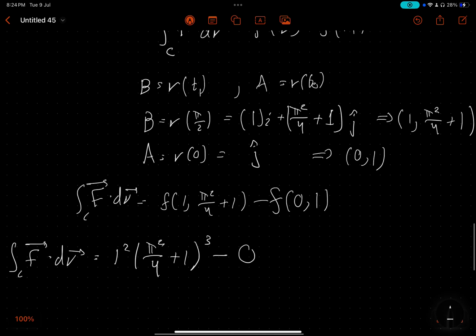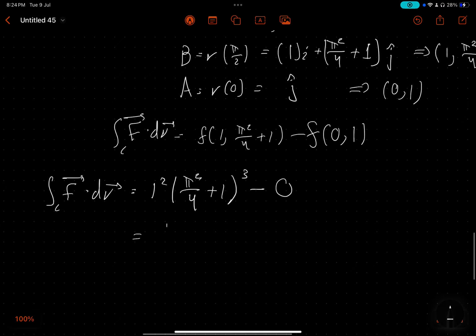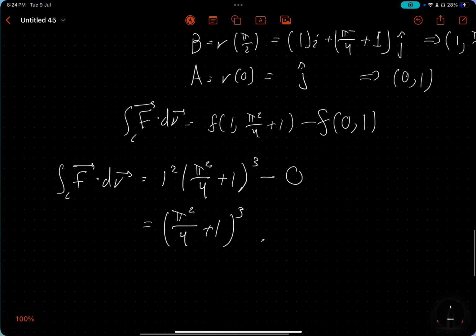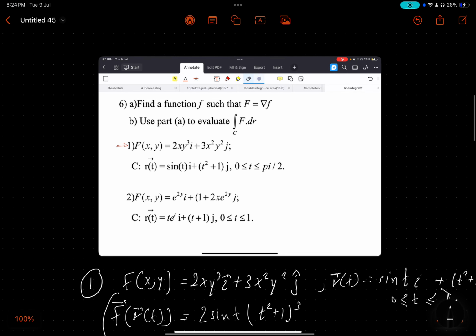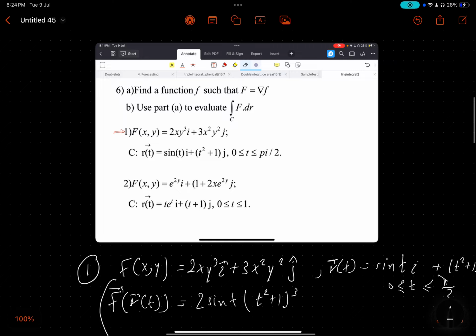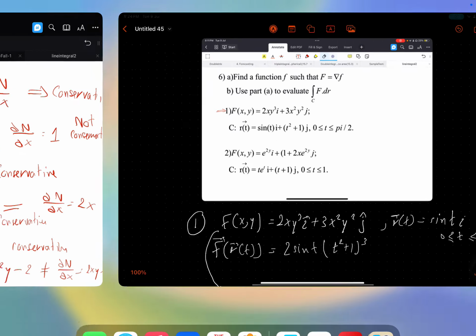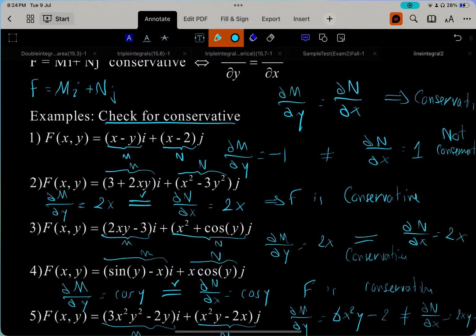Basically that's the value of our line integral, pi squared over 4 plus 1, all to the 3. And that's how we find the line integral. So this could be a better alternative for those who want to find the line integral. We can solve the second example, or I will leave it to you if you want to go through it.